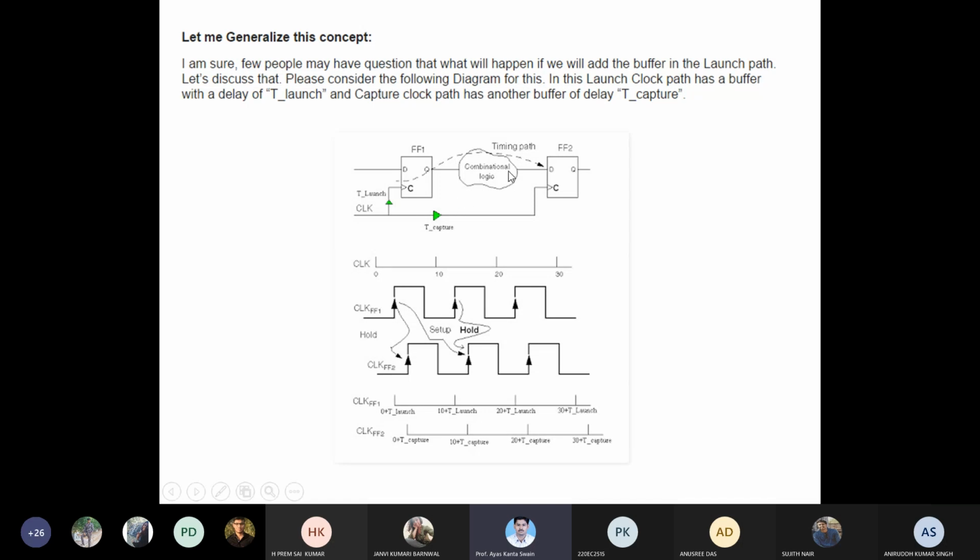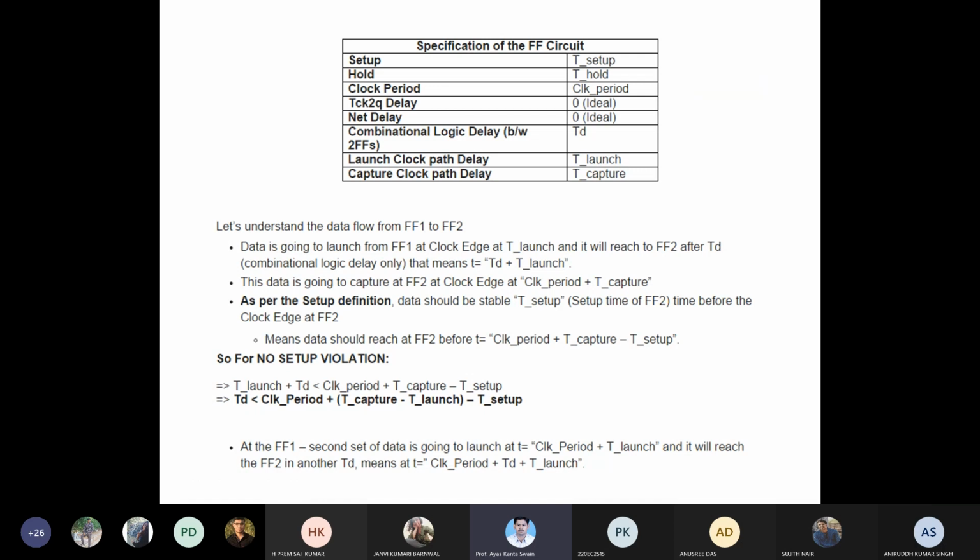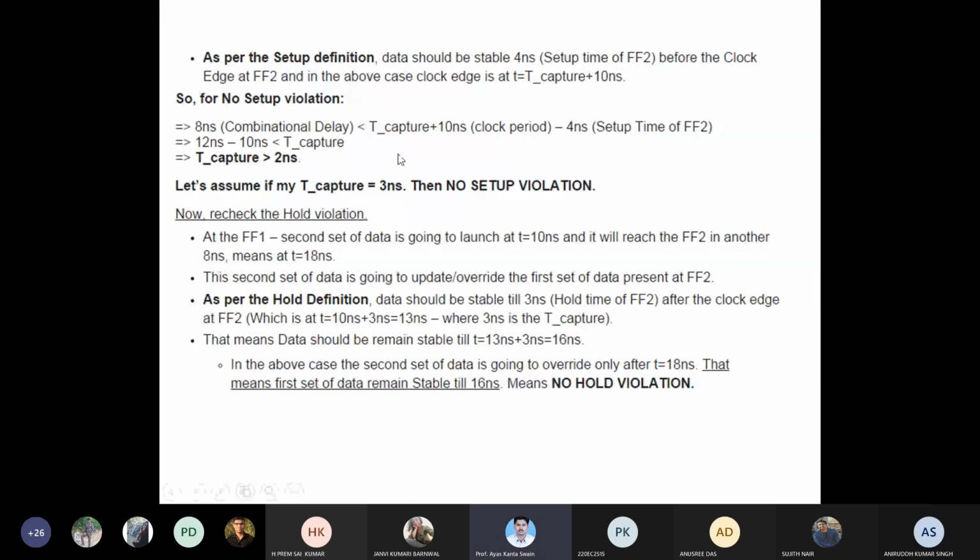So as we can't reduce combinational logic part delay, so the only option is increase the clock delay. So when we are increasing the clock delay, what he is doing is he is finding out combinational maximum delay 8 nanosecond, which is fixed, by less than T capture plus the clock, then minus setup time. So from here he is concluding T capture must be greater than 2 nanosecond. Okay, so now T capture we are taking as 3 nanosecond to have a setup violation free circuit.